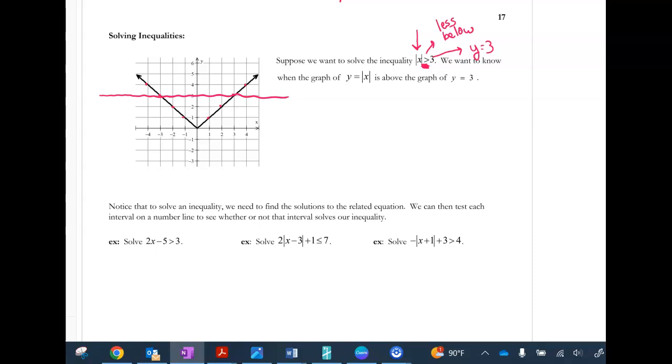My mistake, I wasn't looking at that carefully. Greater than. So greater than, or above, this y equals 3, which means I want from here to here and then here to here.